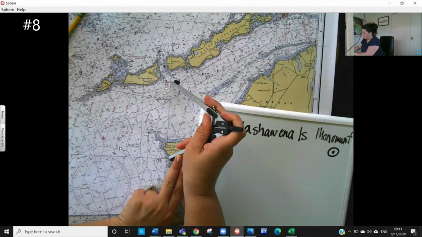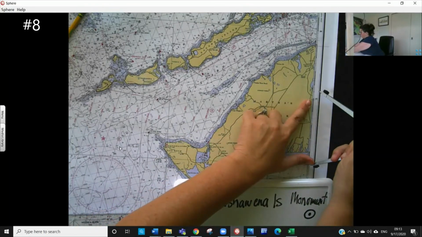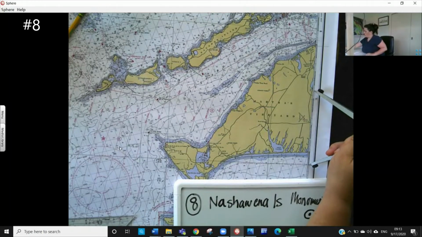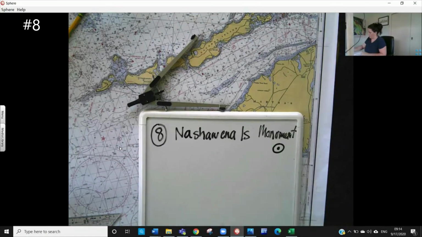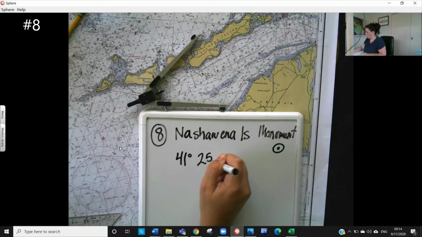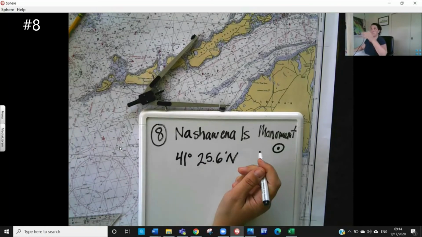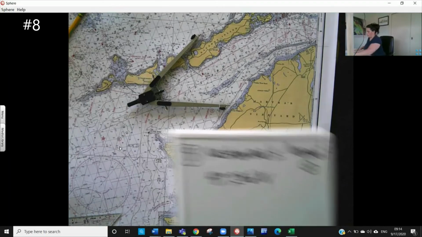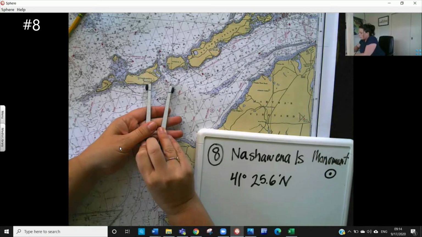All right, so there's our distance. So we have 20, 25, steady here, about 25.6. So that would be 41 degrees, 25.6 minutes north as my latitude. For my longitude, I'm going to measure the distance I am from this longitude line.